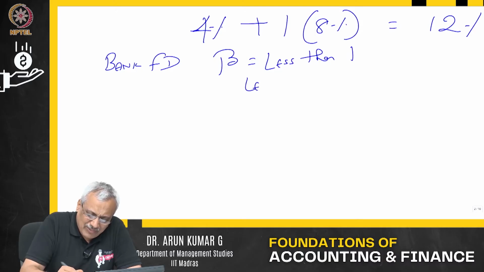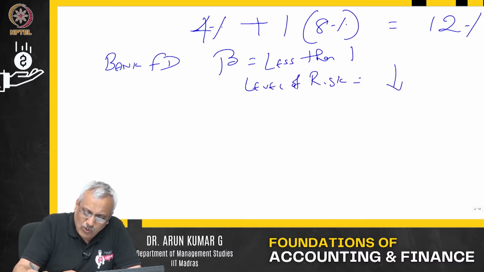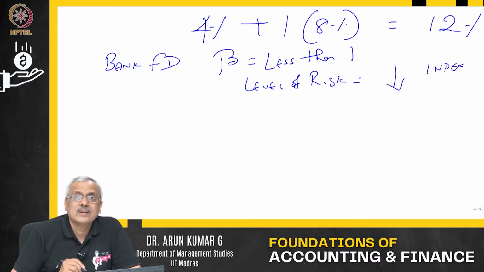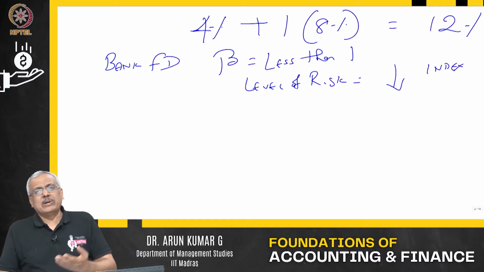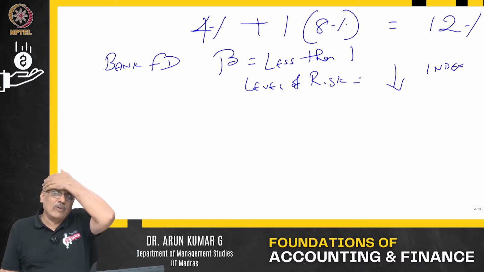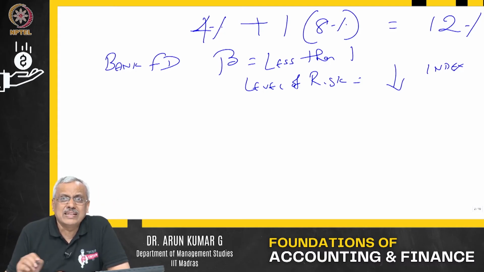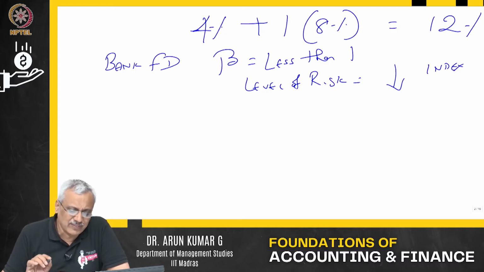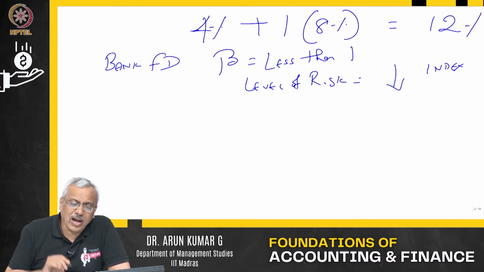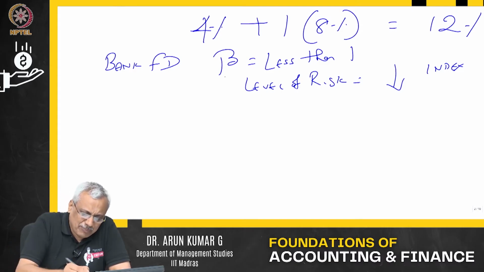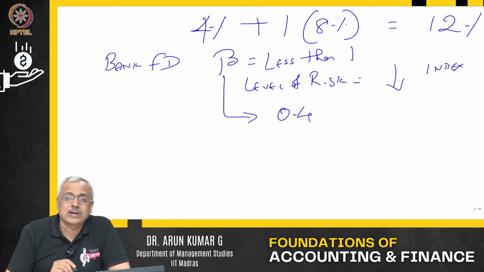Because the level of risk is lower than the index. So, how do we calculate beta? I have talked to you about the covariance of your investment with the market divided by the variance of the market, which gives you beta. Now let us assume that the beta of the bank FD is about 0.4, which is less than 1.